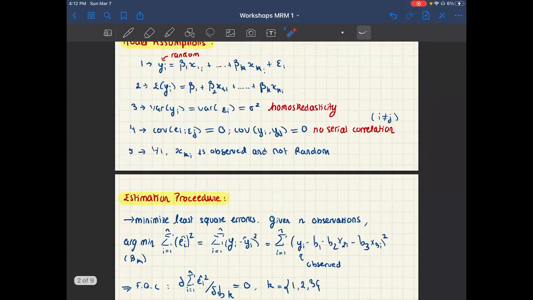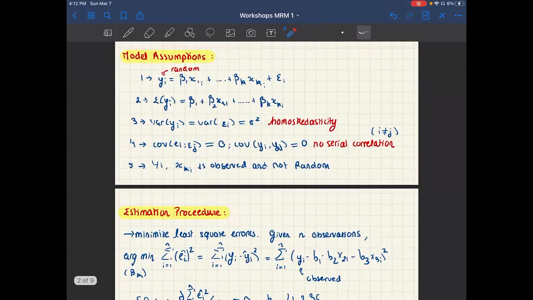So going over our model assumptions quickly, we have our dependent variable, which is random, which is a function of beta 1. Sorry, I wrote that wrong. Let me just correct this. We have beta 1 plus beta 2 x2i plus up to beta k xki plus the error term. Later on, we will estimate it through y_i hat, because beta 1, beta 2, beta k are all population parameters, which we don't know.